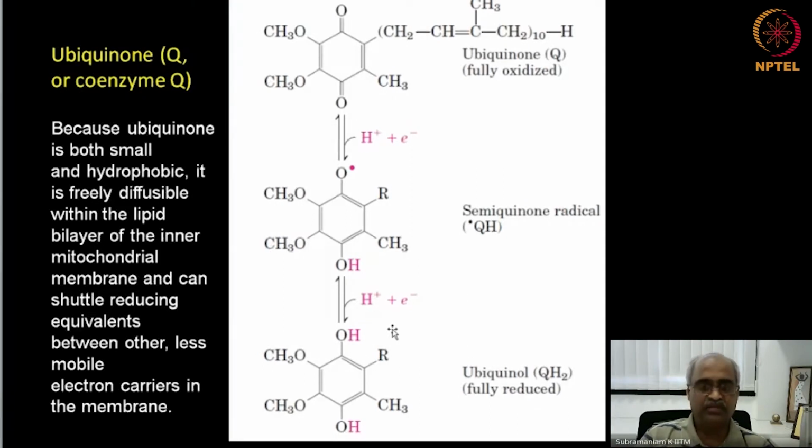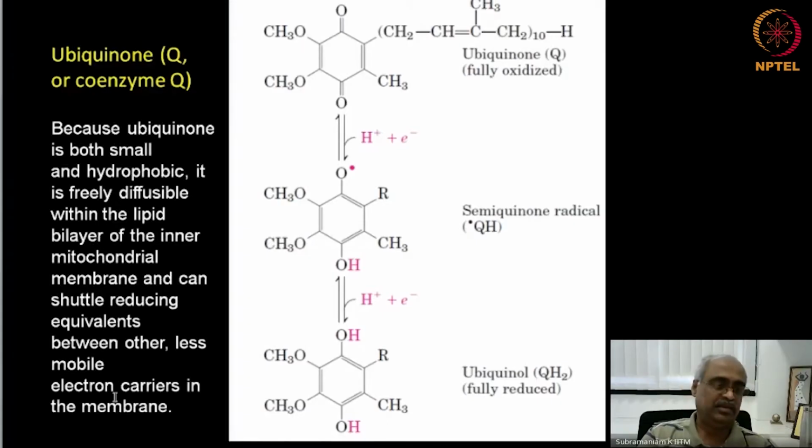The second important feature of ubiquinone comes from its hydrophobicity. It can freely diffuse within the lipid bilayer of the inner mitochondrial membrane and shuttle reducing equivalents, meaning electrons, between less mobile electron carriers. I told you these are multi-protein complexes, with multiple polypeptide chains in one protein complex, and they are less mobile.